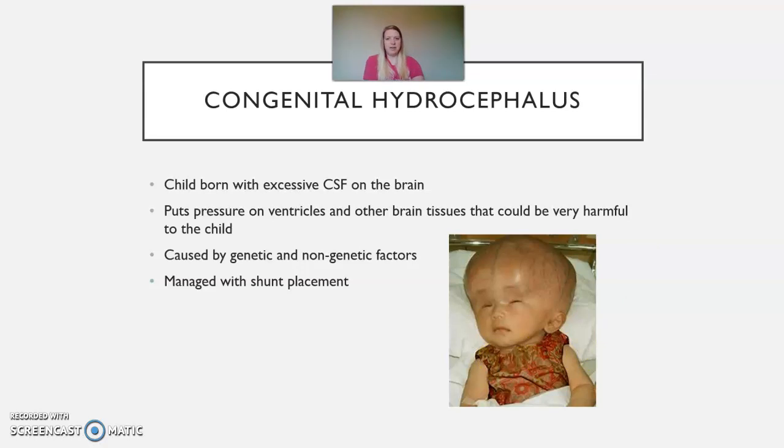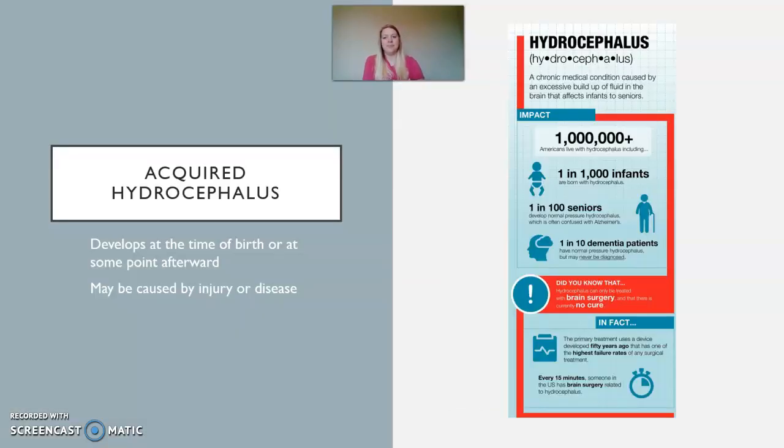Now, most of these cases are caused by genetics. Most of them aren't, and it's mainly managed with shunt placement. And later on in the PowerPoint, I'll be going over how those shunts are placed specifically.